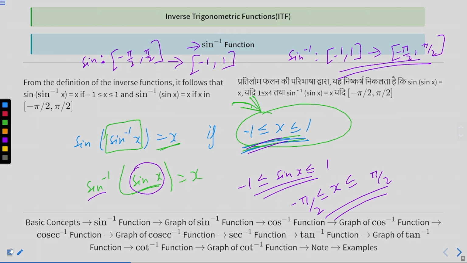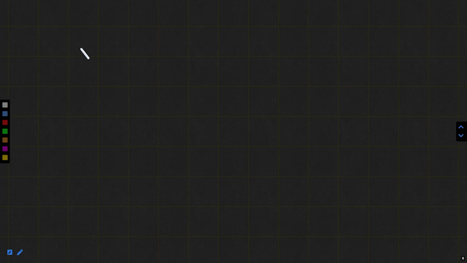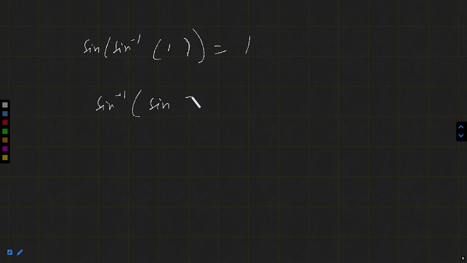Okay, so from this point you can easily say that sine inverse of, say, pi by 2, not pi, sine inverse of 1 will be what? Sine inverse of sine of pi by 2 will be what? Pi by 2.